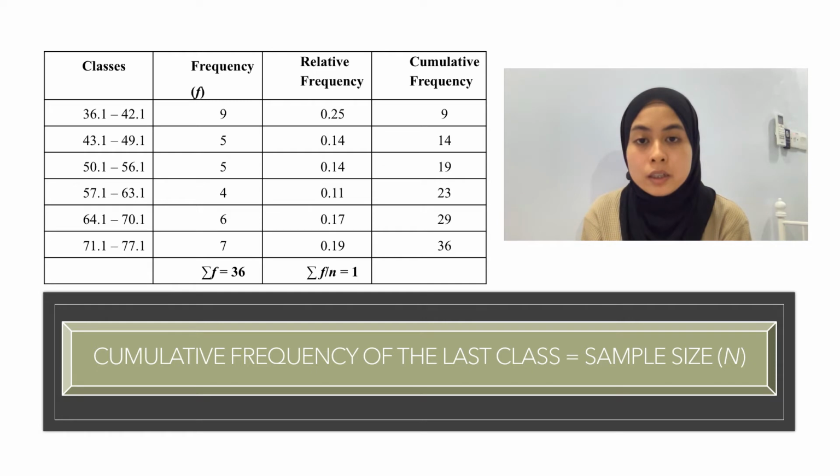Then 9 will be added by 5 equal to 14, which is cumulative frequency plus frequency. So after that, 14 plus 5 equal to 19, 19 plus 4 equal to 23, 23 plus 6 equal to 29, and then 29 plus 7 equal to 36. Thank you.